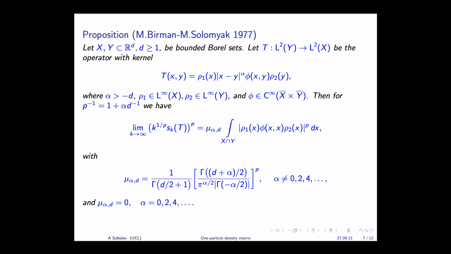So if you have very large alpha, homogeneity of the kernel, then you will have a very quickly decaying set of singular values. The dimension also enters this formula. If alpha is positive, this is going to be greater than 1. If alpha goes to minus d, then p minus 1 becomes very, very small.